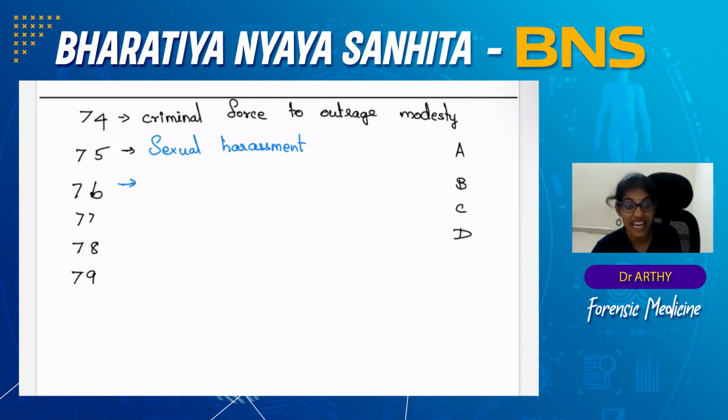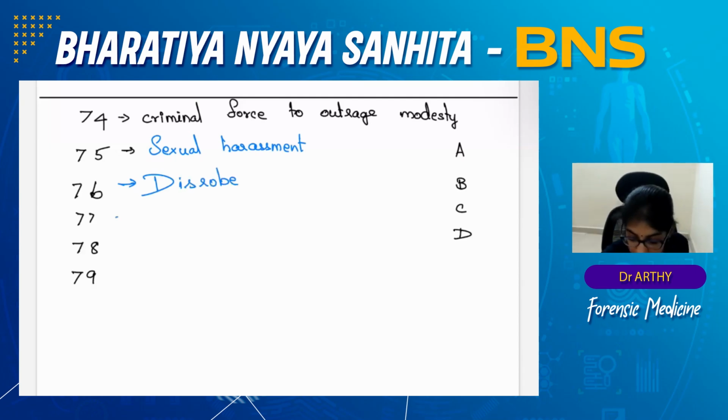Bare means naked, so disrobing. Disrobe is considered in B. C for seeing, voyeurism. D for detective, which means stalking.